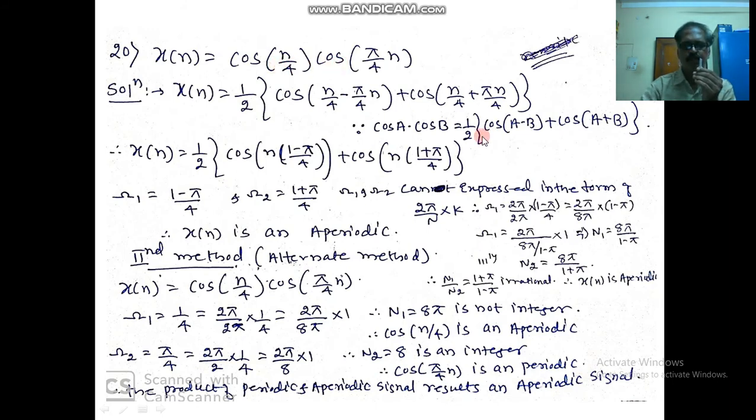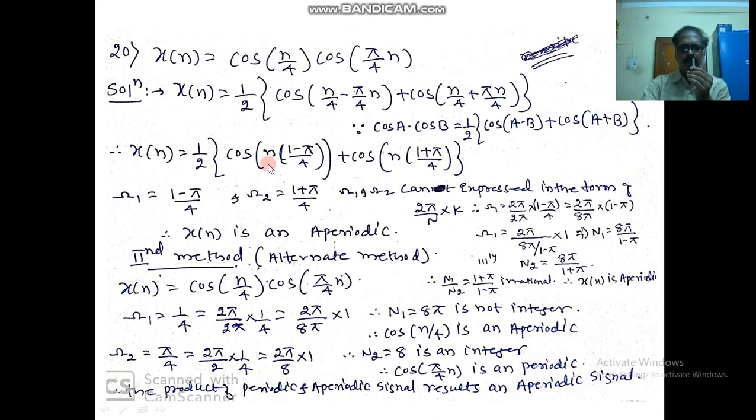First method, using the formula cos A into cos B is 1 by 2 of cos of A minus B plus cos of A plus B. So here cos of A minus B, n by 4 minus pi n by 4, plus cos of A plus B. So you will get x of n equal to 1 by 2 of cos of n times (1 minus pi by 4), where n is common, plus cos of n times (1 plus pi by 4).